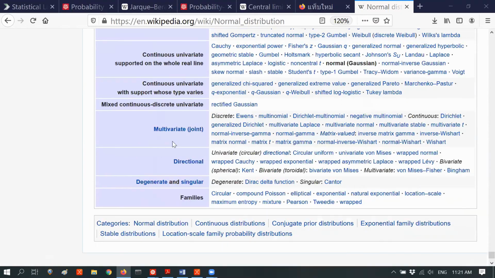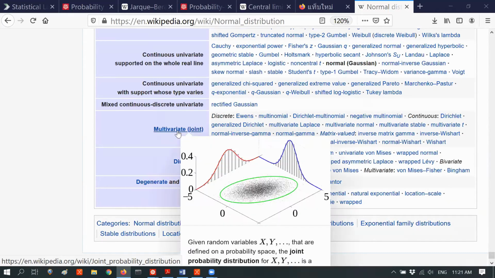And then you go to multivariate. Now, multivariate is a smaller world. You have a lot fewer multivariate distributions. Traditionally, in life, you will go to the university and you will only know one multivariate distribution. That's life in the past century.